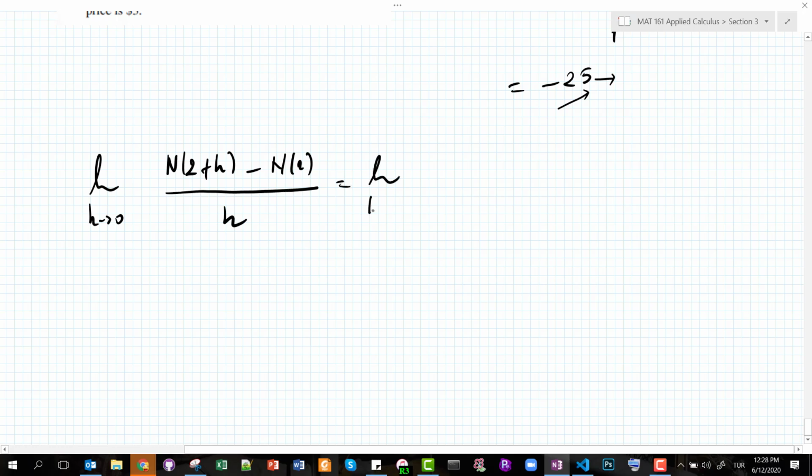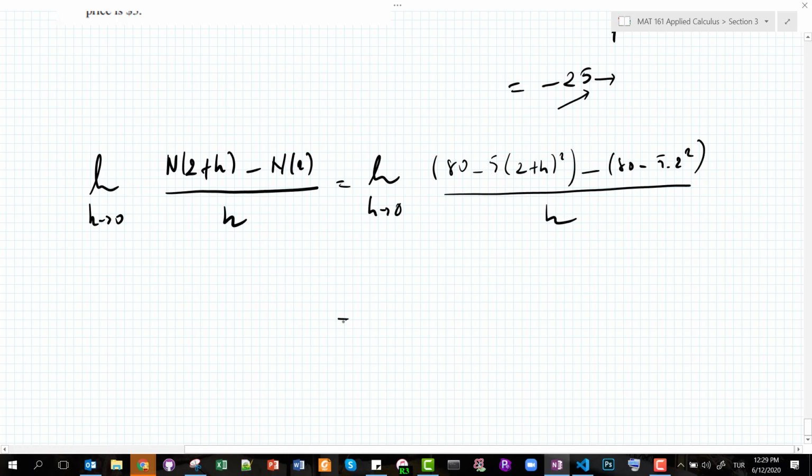If I use this formula, I'm going to use all the limit theorems and other things I learned before. So it's 80 minus 5 times 2 plus h squared, minus 80 minus 5 times 2 squared, over h. I'd like to do this calculation, limit as h goes to 0.